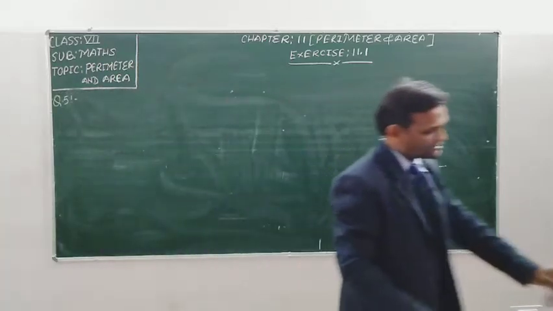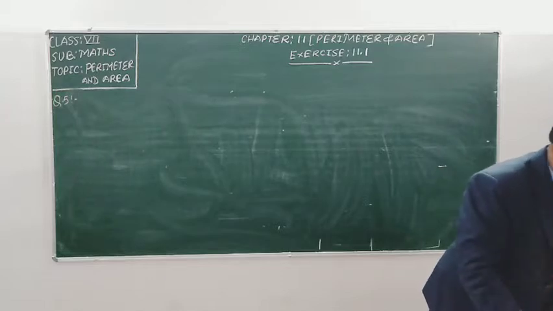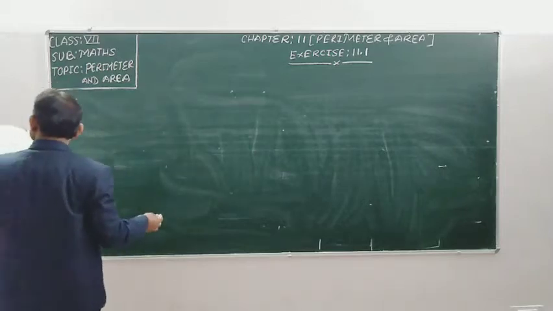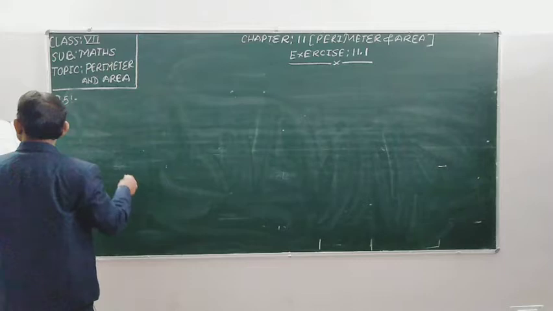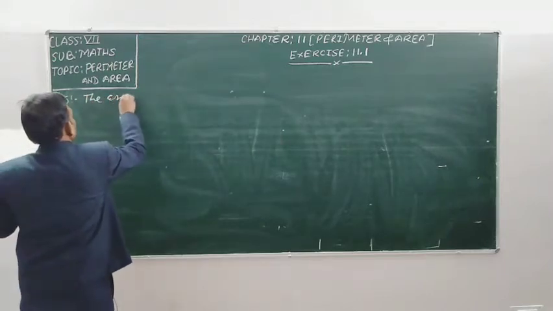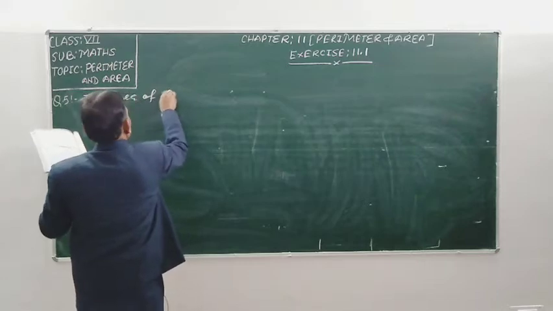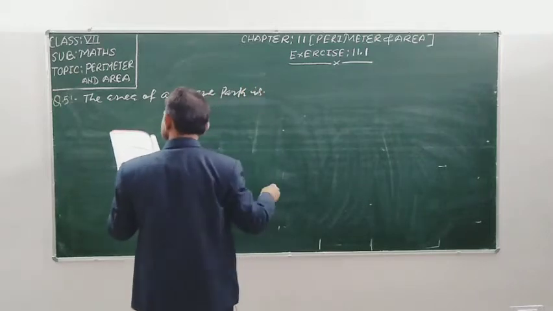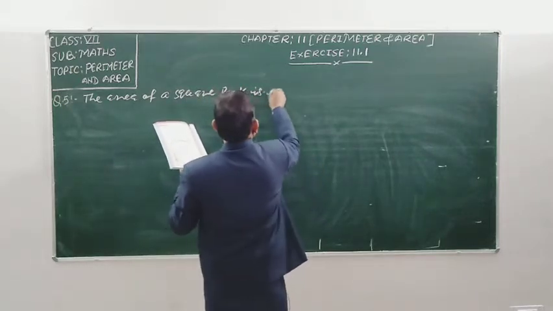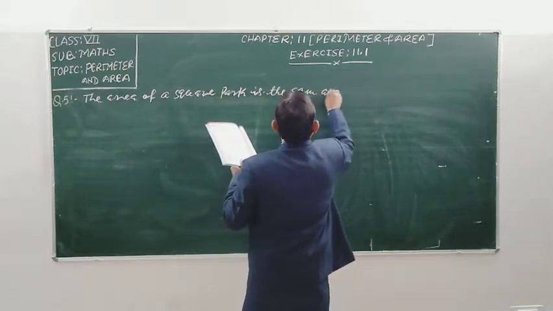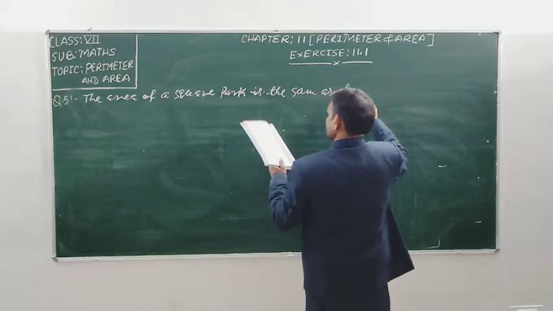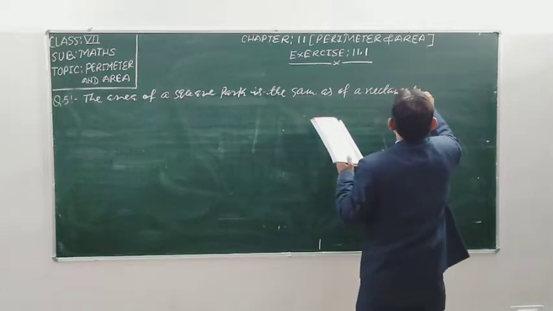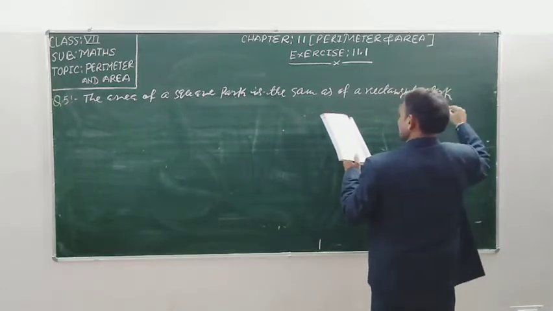Question number 5 is saying, students, the area of a square park is the same as that of a rectangular park.